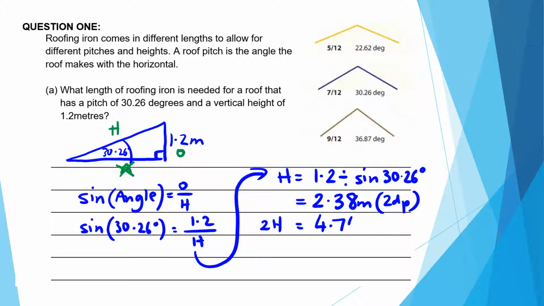So we're going to have 4.76 meters again to 2 dp. So there we are. And in terms of marking, if we got to here, that wasn't achieved. If we realized we'd need two lengths, or thought about it in context at least, that was a merit.